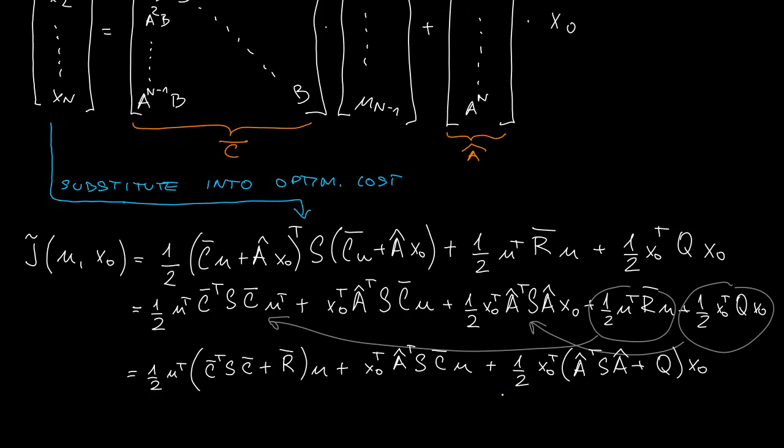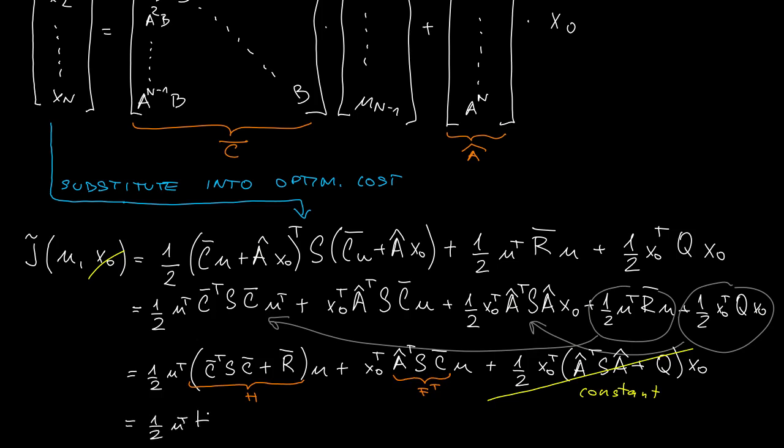Since the initial state we assume as fixed, as given, this only brings some constant offset, and therefore we can disregard it from the optimization. So this will be somewhat an abuse of notation to write that this is the same cost function. It's not, but from the optimization perspective it's identical, so it doesn't make sense to distinguish.